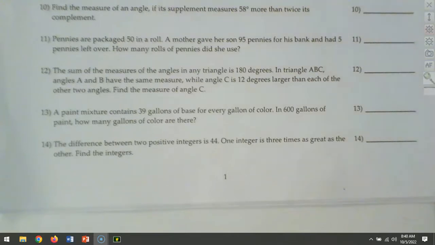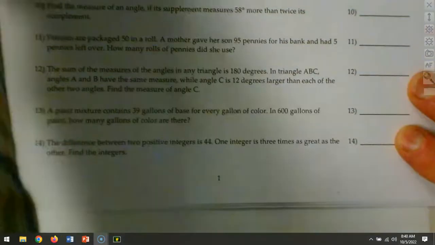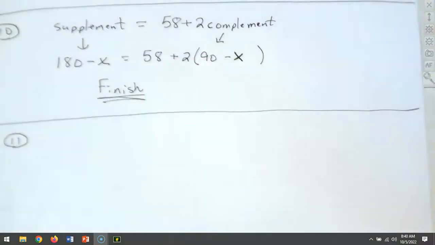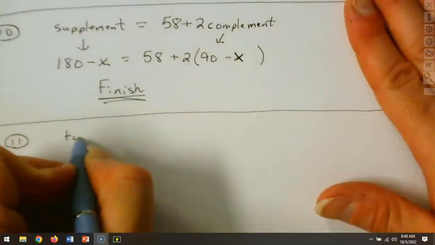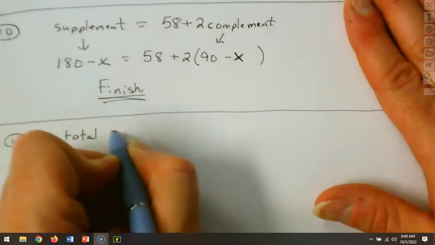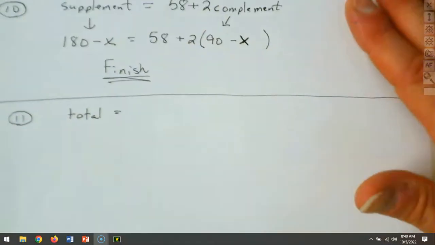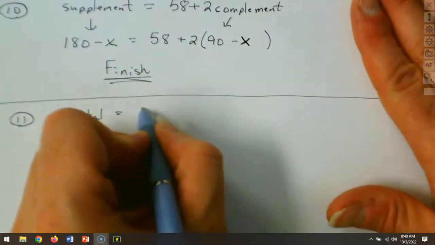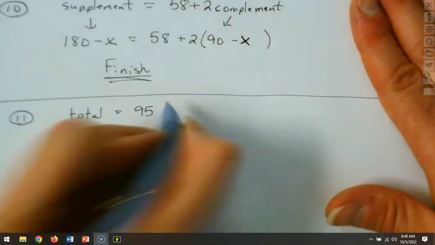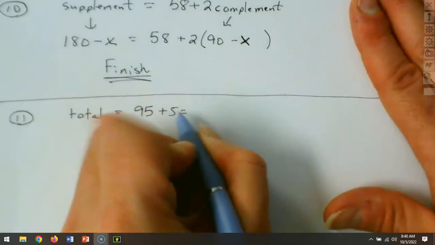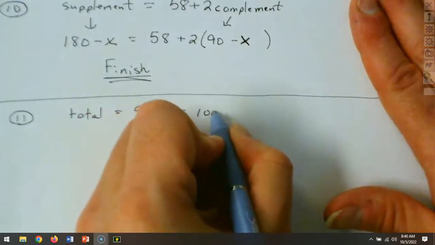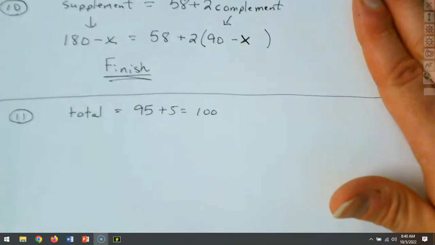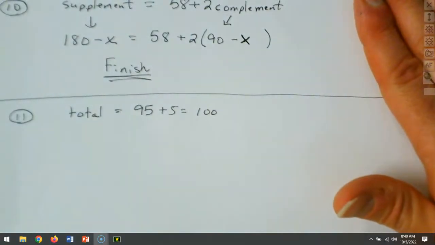Well, what do we have? How many total pennies do we have? Let's talk about that. The total pennies. We gave our son 95 pennies, right? And then she had 5 pennies left after that. So she gave him the 95, and had 5 left over.